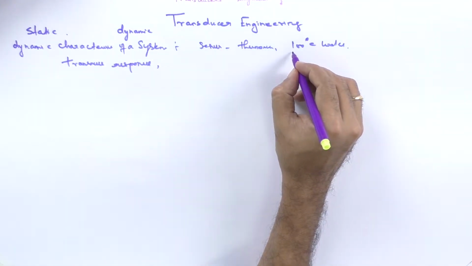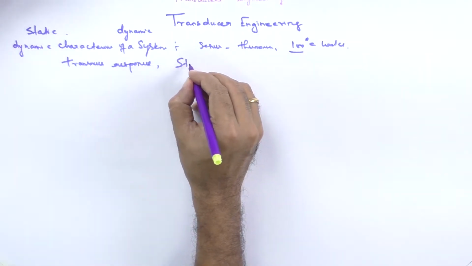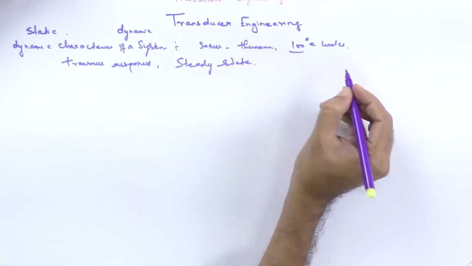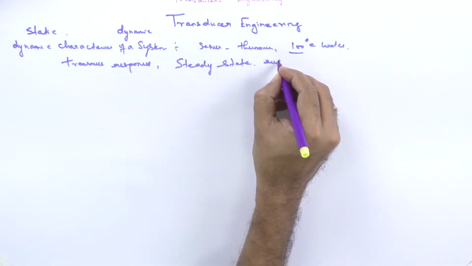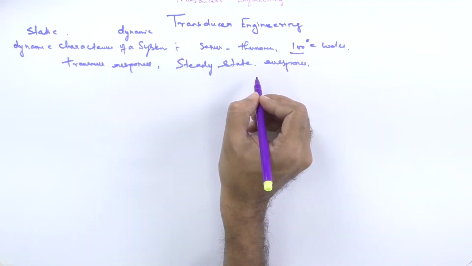And it will come to a steady state. What is your steady state now? It is the 100 degrees centigrade, a steady state, after some amount of time. That is the steady state response. So for any sensor with dynamic characteristics, when we study it, there will be a transient response and a steady state response. That's what we saw now.